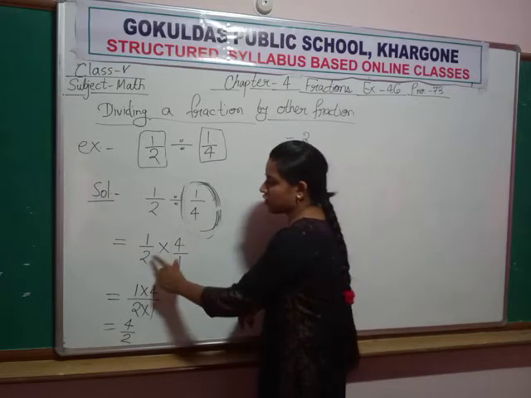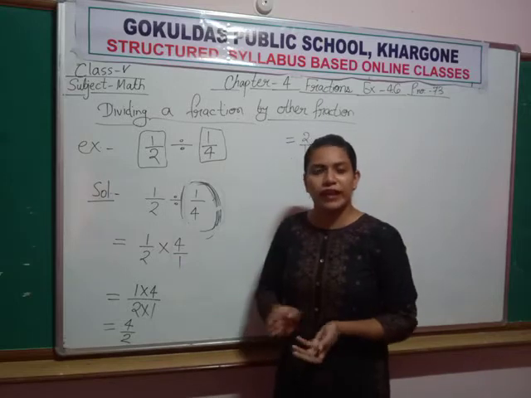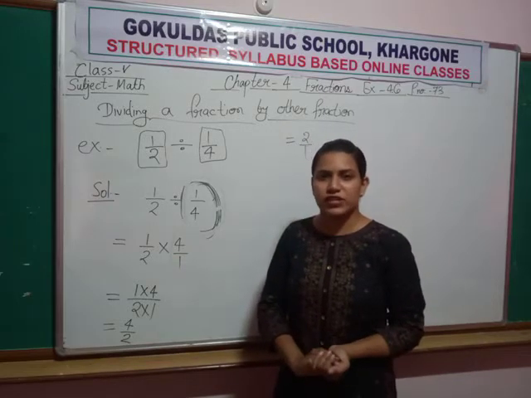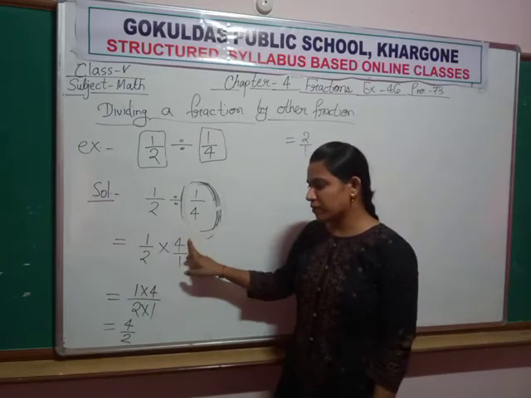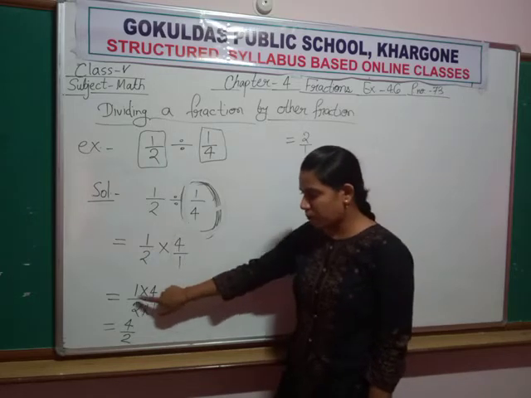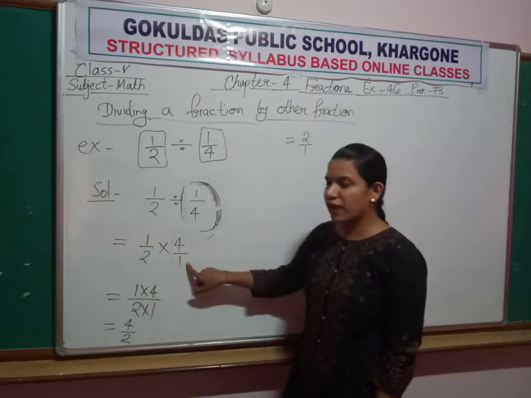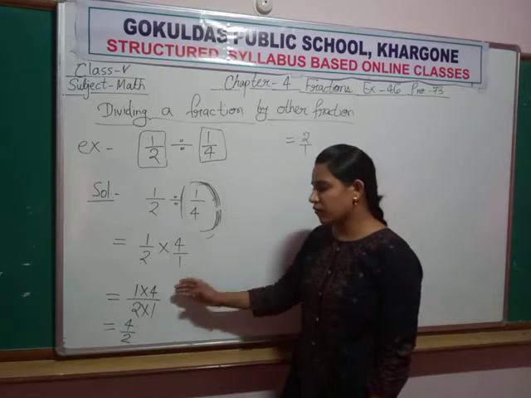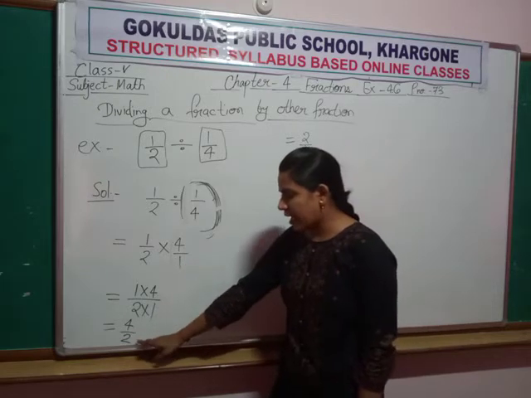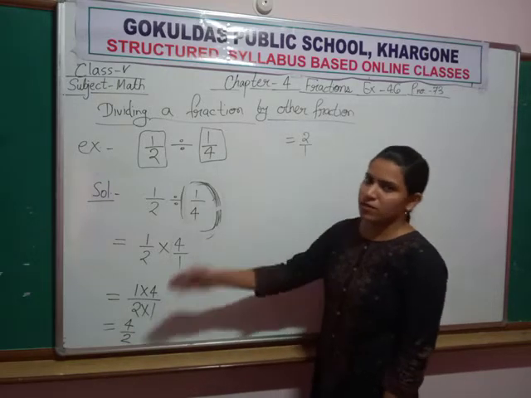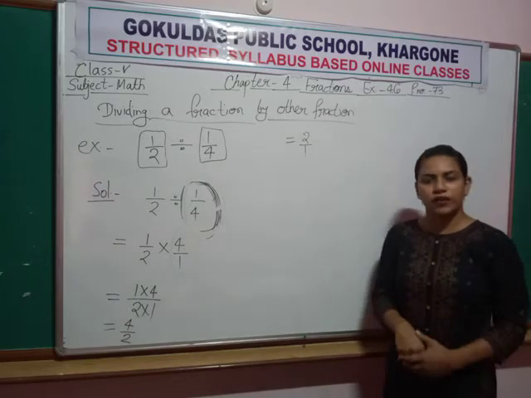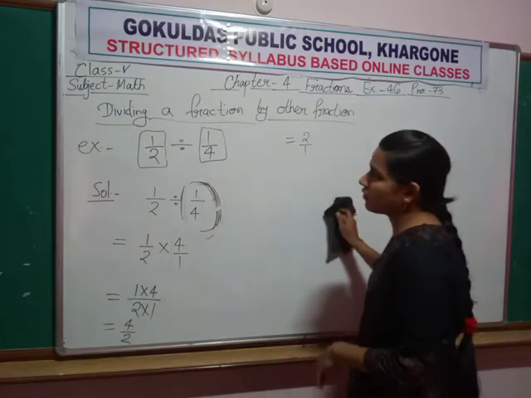Now we have two fractions to multiply, and we know how to multiply two fractions. Numerator gets multiplied with numerator, upon denominator multiplied with denominator. Then we solve it simply, and as we get a fraction, we simplify it and we got 2 upon 1. So this is how we divide a fraction.